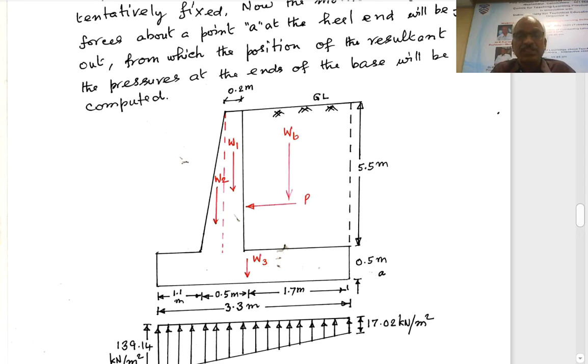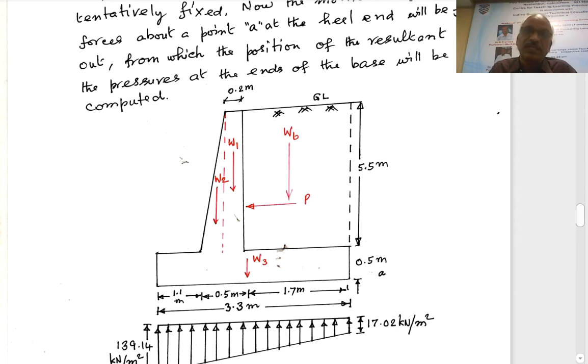Sometimes in addition a traffic load will be given on the top, and that also we have to add. Sometimes the backfill will be given at an angle of surcharge inclination. In that case we have to find the load due to that, and the vertical component of that also will have to be added.